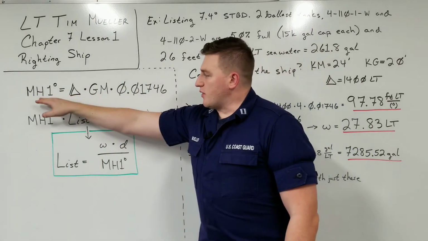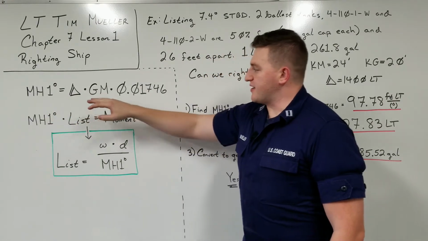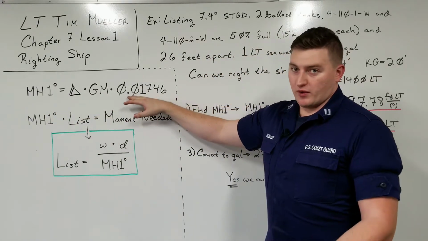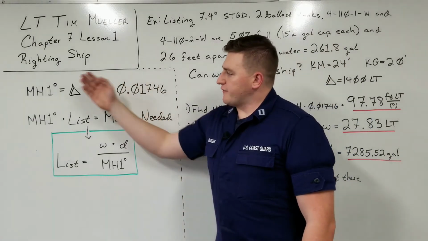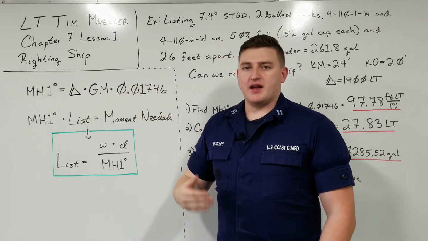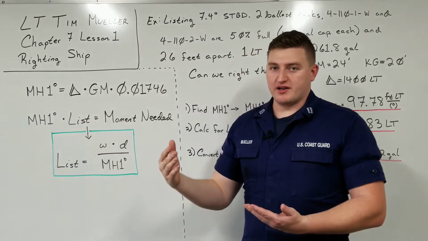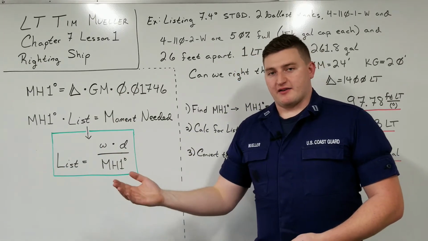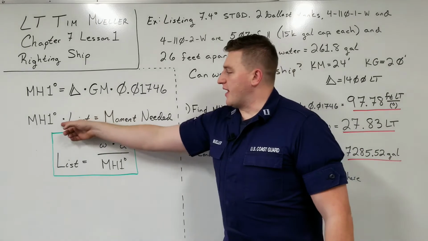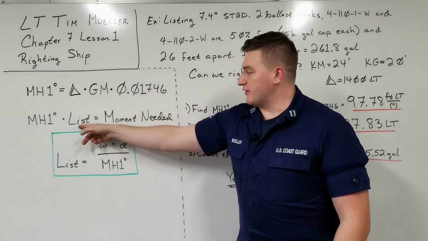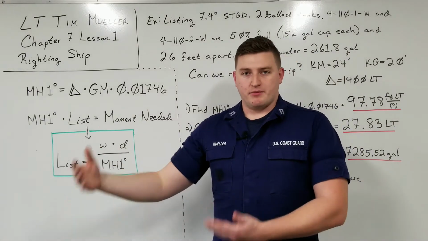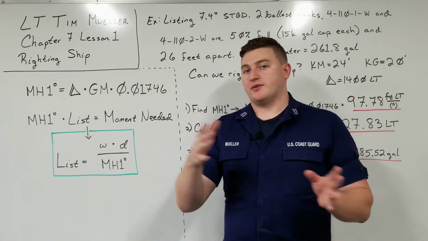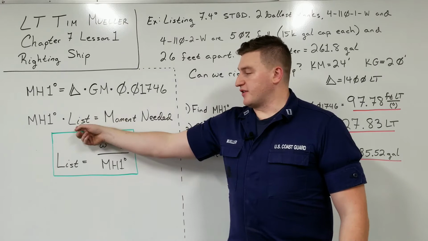So we have MH1, which we already know is displacement times metacentric height times, if we're talking about 1 degree, 0.01746. That is the moment that we need in order to correct 1 degree of list. If we wanted to correct 5 degrees of list, we just multiply it by 5, our list. And that's going to tell us how much of a moment we need to impart on the ship to correct or to incline some number of degrees.